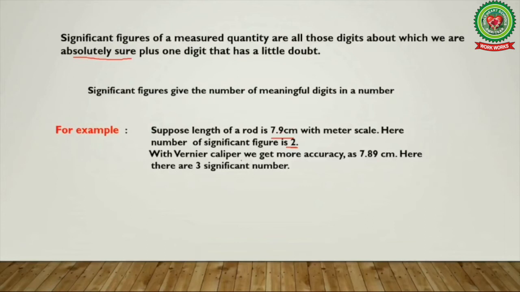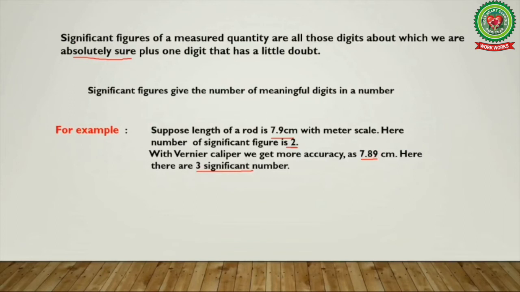With a vernier caliper we get more accuracy. We get the value 7.89 because the least count of vernier caliper is 0.01 centimeter. Here there are three significant figures. You have to count the significant figures. First and second we are absolutely sure. There is a doubt in the last digit.